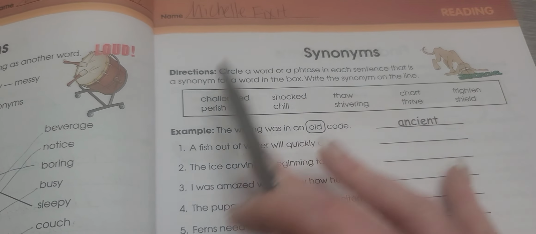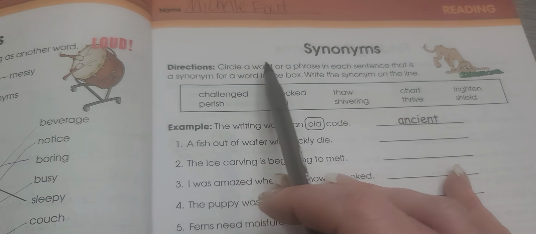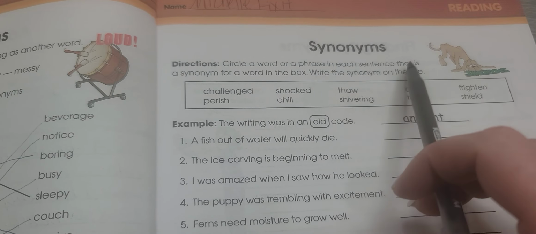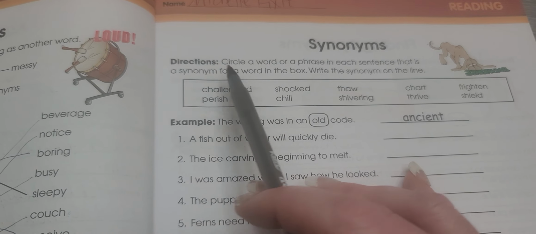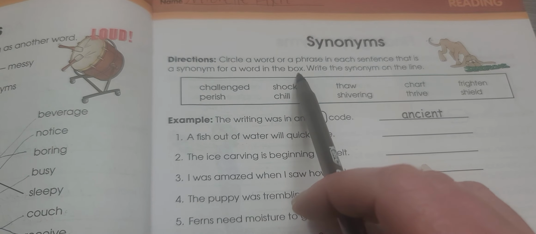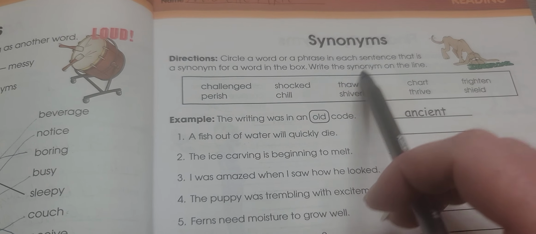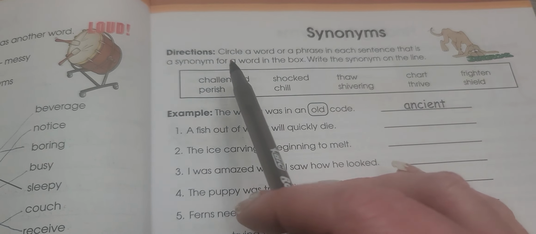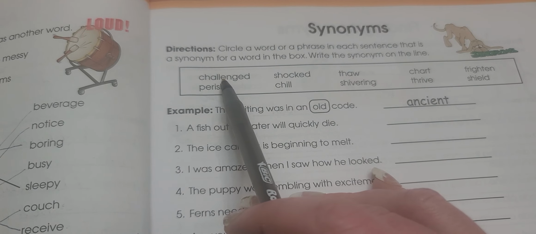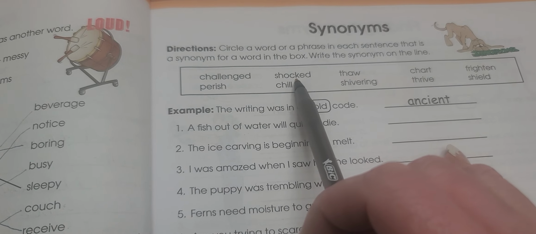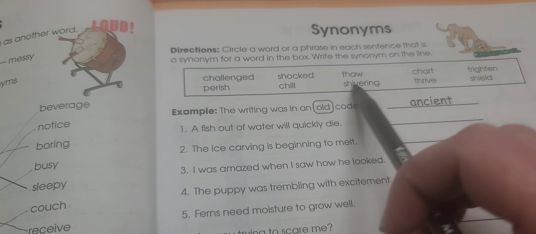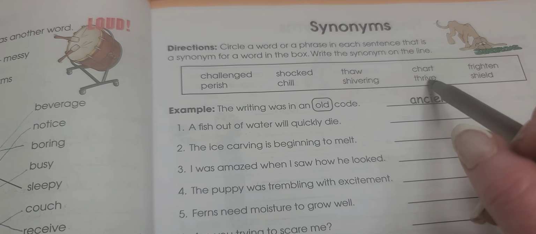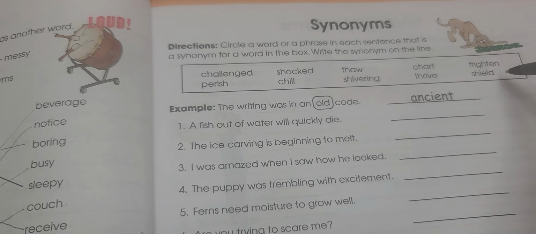So synonyms, directions, circle a word or a phrase in each sentence that is a synonym for a word in the box. Write the synonym on the line. And our words that we can choose from are challenged, perish, shocked, chill, thaw, shivering, chart, thrive, frighten, shield.